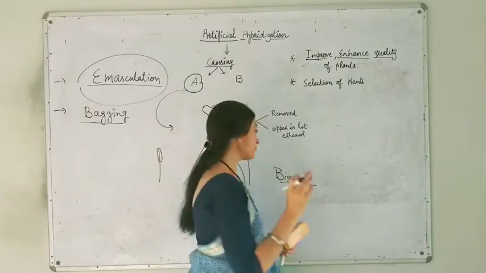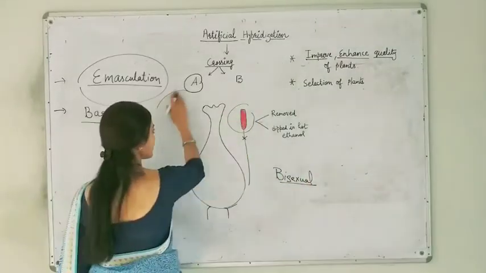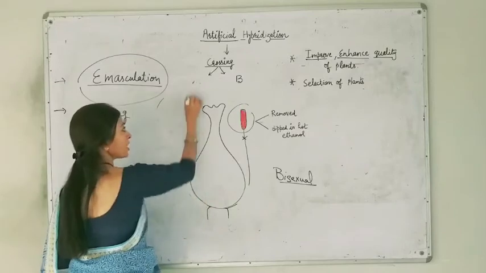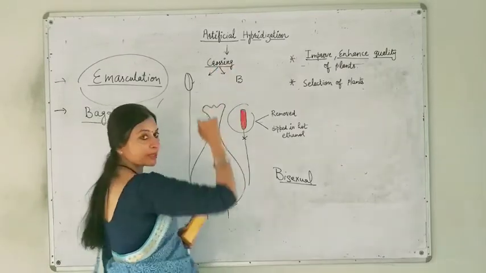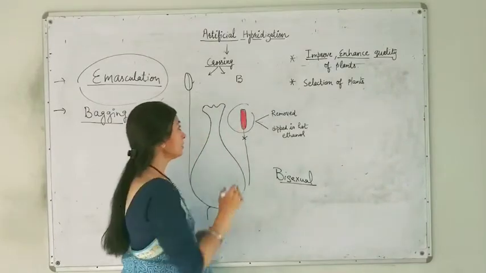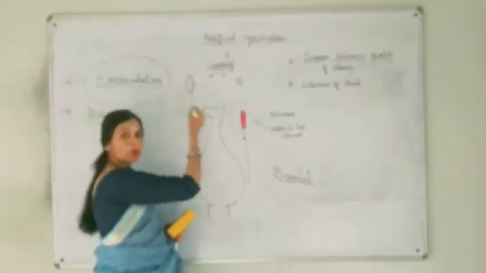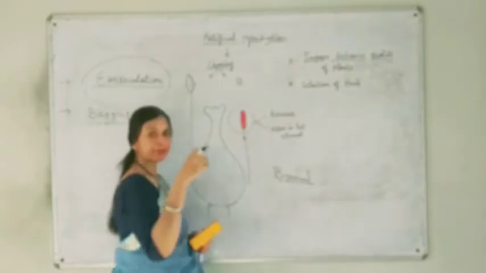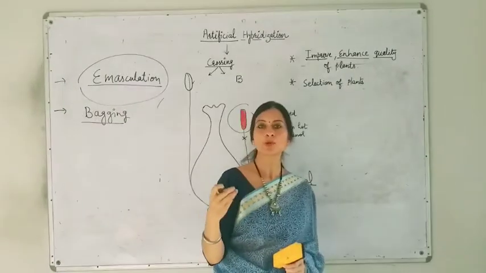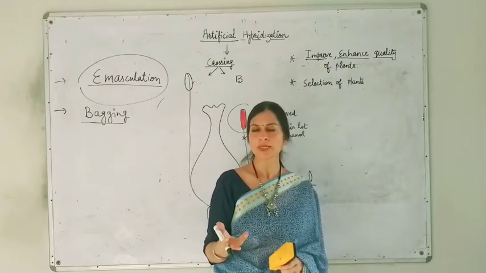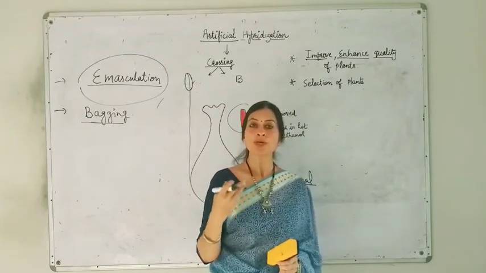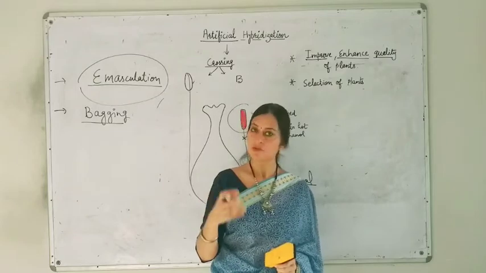Or if the length of the stamen is very long, then we can also dip them in boiling ethanol so that the tissue is damaged. There are different methods to emasculate the flower.